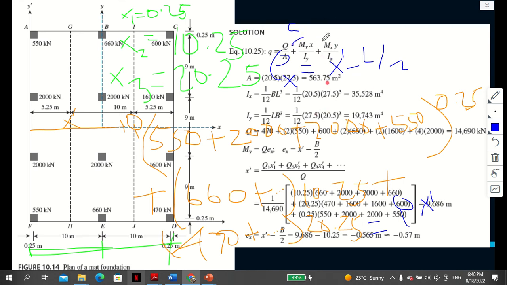Now we're talking about Mx. The moment in the x direction, Mx, would be the Q, which you know here, Q times e, the eccentricity in the x direction, right?